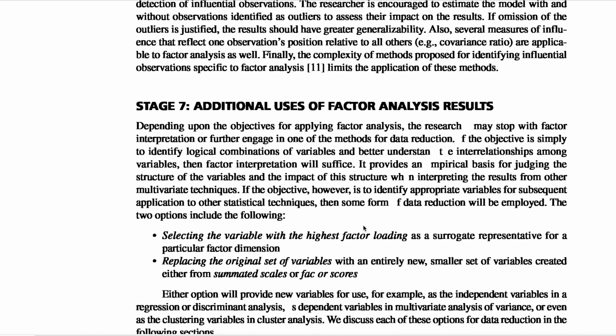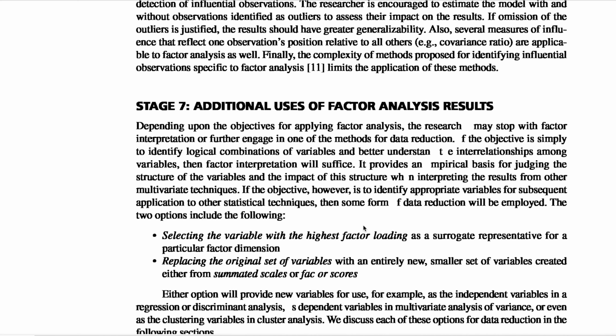It provides an empirical basis for judging the structure of the variables and the impact of this structure when interpreting the result from other multivariate techniques. If the objective, however, is to identify appropriate variables for subsequent application to other statistical techniques, then some form of data reduction will be employed.